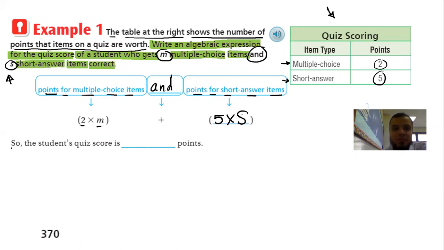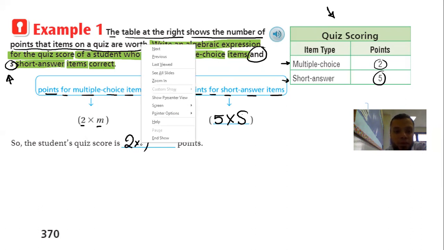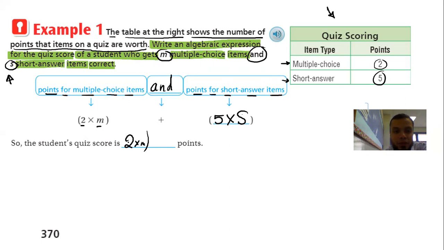So the student's quiz score is going to be 2 multiply M for multiple choice items plus 5 multiply S for short answer items.